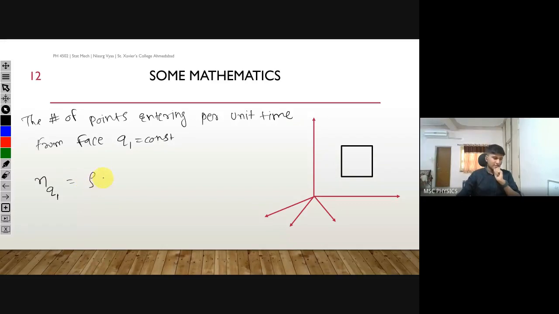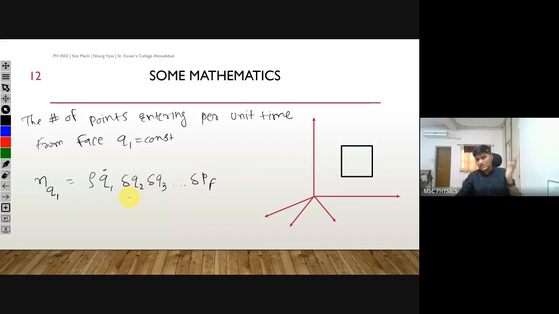You can write it like this: rho at q1, and I'll be writing it as rho at q1 times delta q2 delta q3 up to delta p_f.